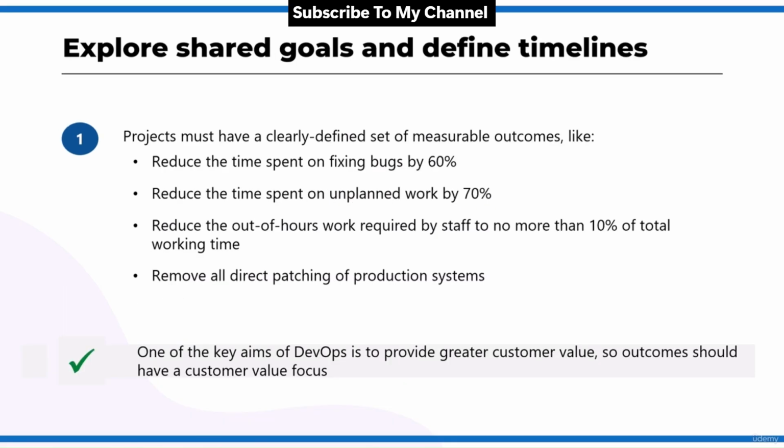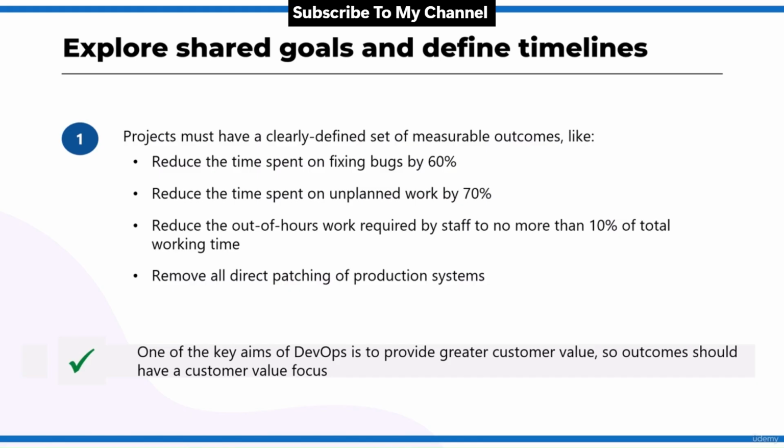One of the aims of DevOps is to provide more excellent customer value. So the outcome should be customer value focused, because that's what we say. We deliver value to our customer at the end of the process of the DevOps cycle. Now these outcomes should include specific measurable targets. So all these goals, all these targets which you're focusing on should have some measurement associated with them. Like reduce the time spent on fixing bugs by 60%.